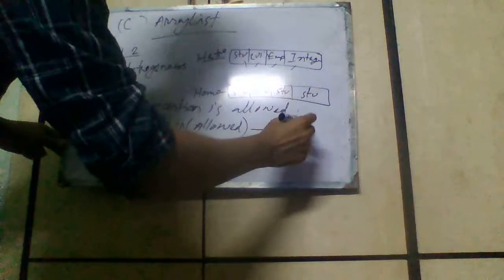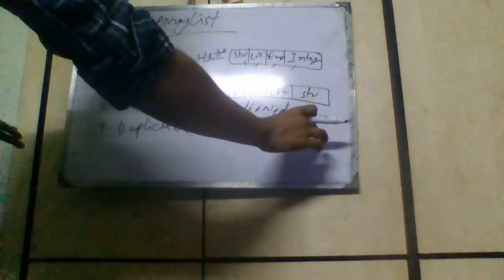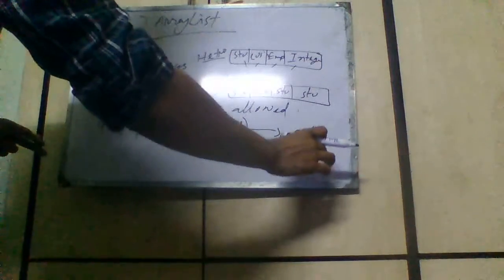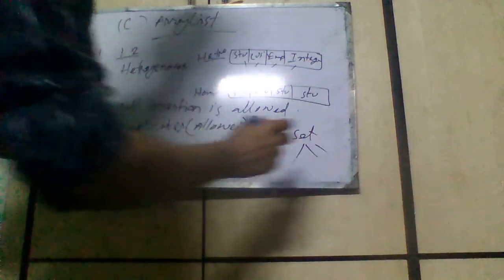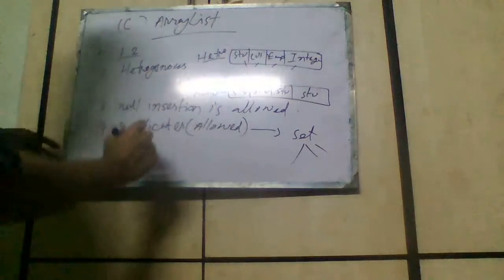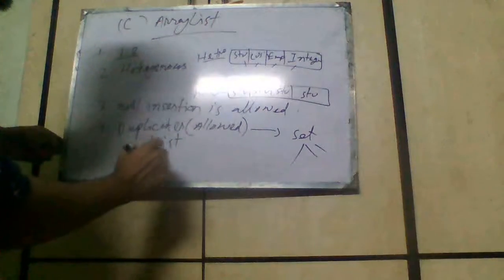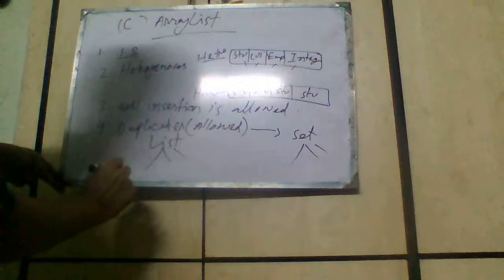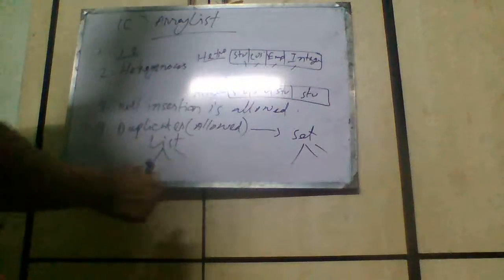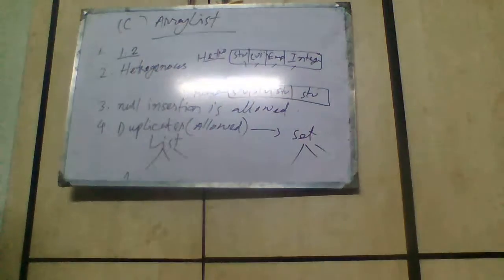We already know that duplicates are not allowed by set interface and its implemented classes, and duplicates are allowed by list interface and its implemented classes like ArrayList, LinkedList, and so on.